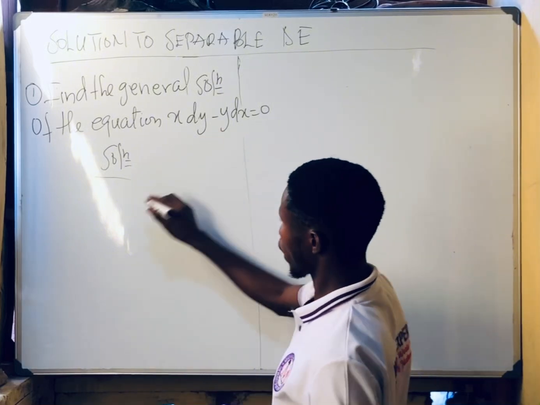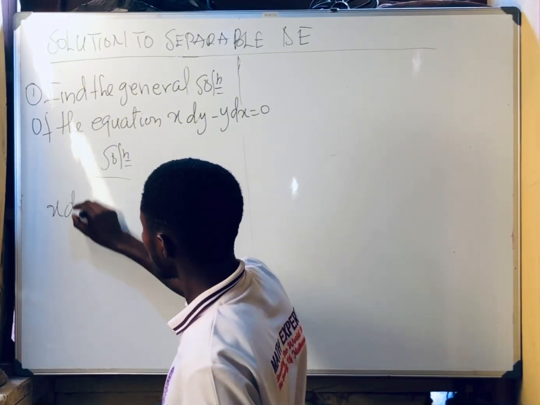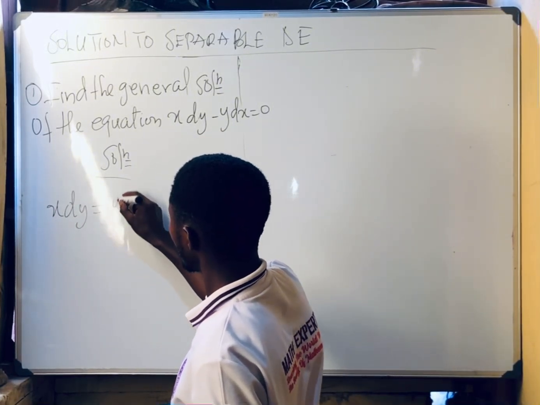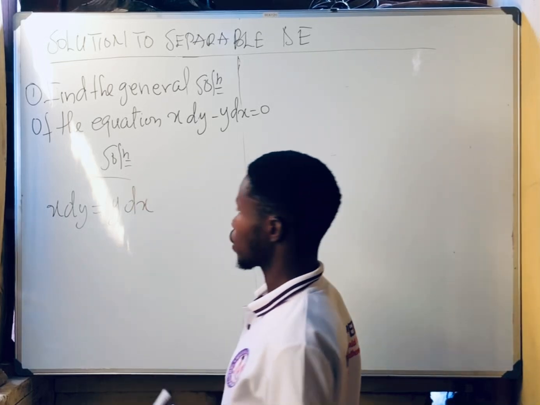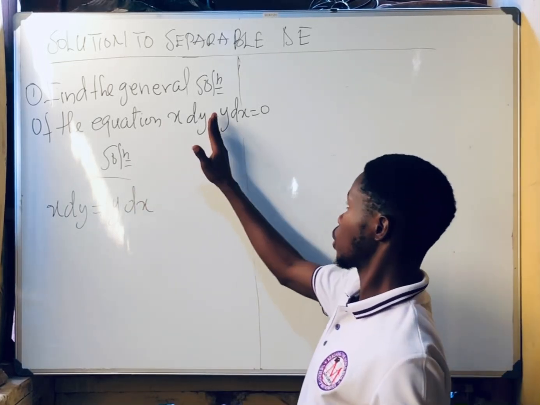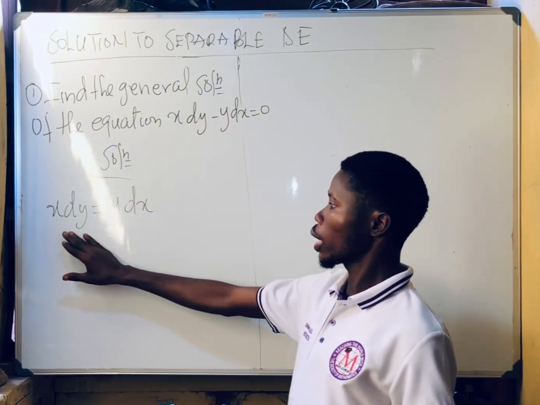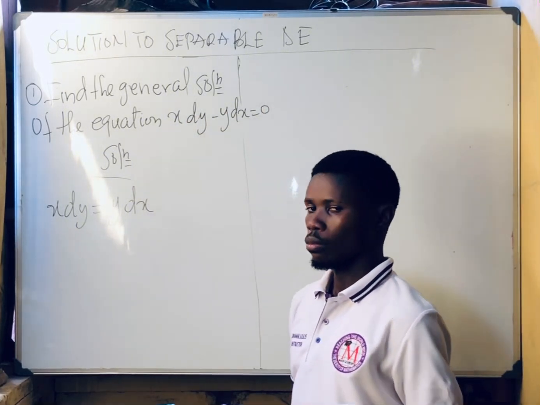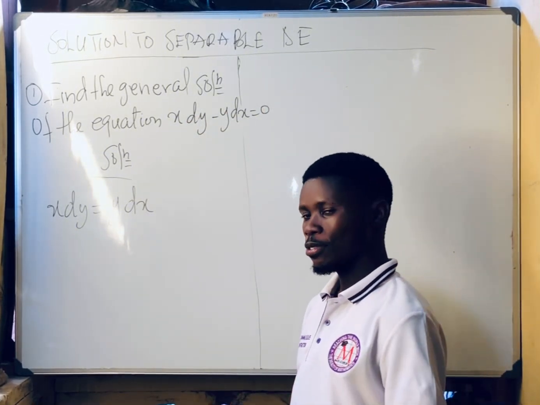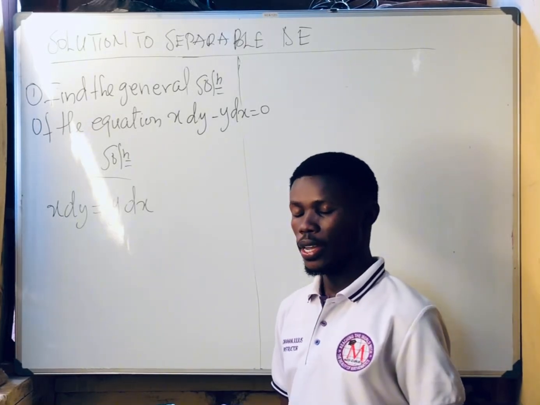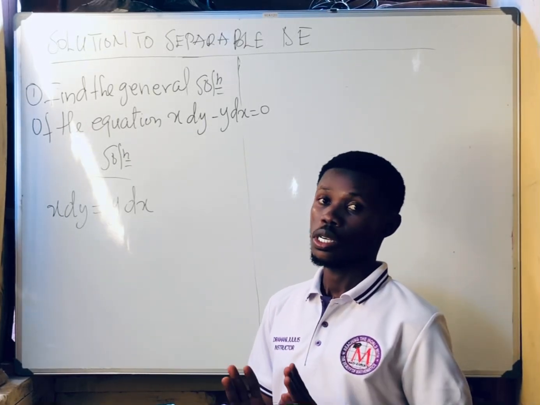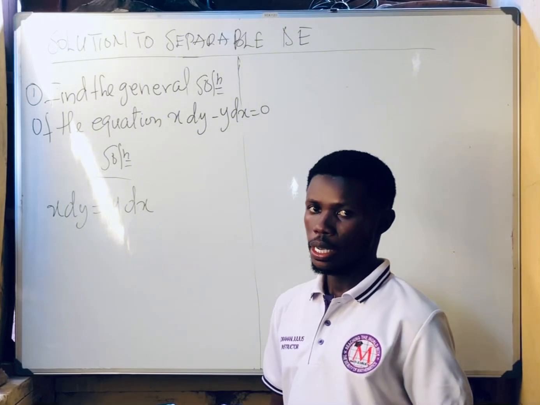So with this, I can write this one as x dy equals y dx. I have just grouped like terms, or I've sent this one to the other side. And this is what we have. The only way we can do to make the y go to the dy and the x go to dx is very simple. Is to divide both sides by x and y.